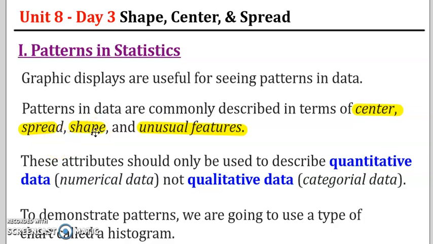The shape could be either symmetric or skewed. So is it pretty evenly distributed, or were maybe certain values pulling the average higher or lower than what it should have been? And then lastly, we have unusual features. So those are like outliers or were there gaps in the data, things along those lines. And we'll see some examples.